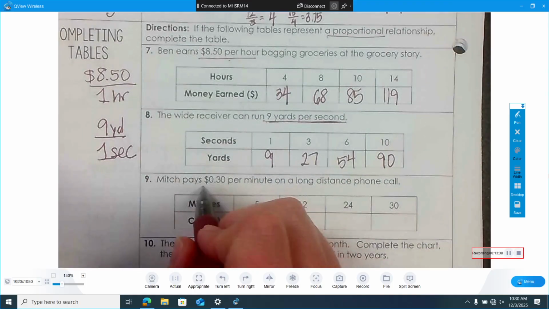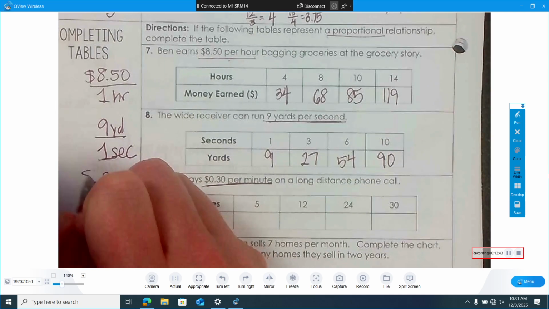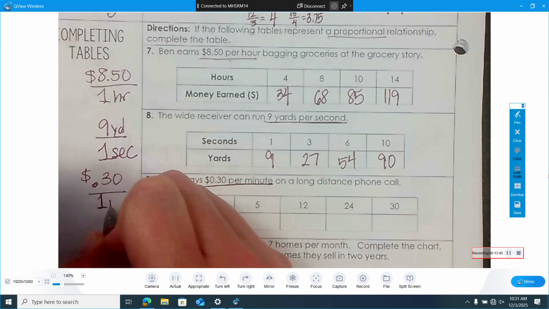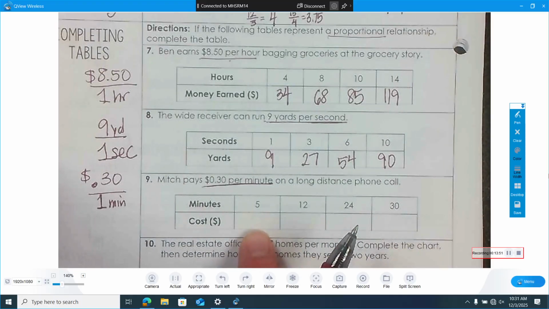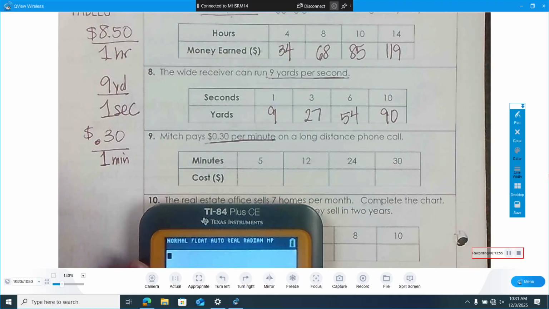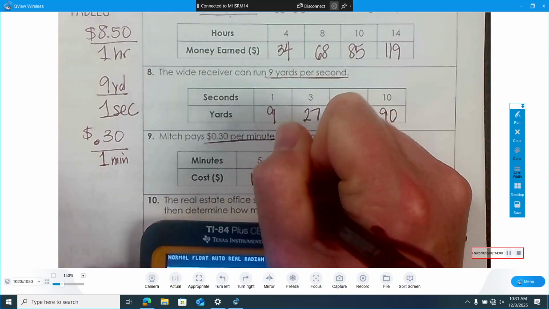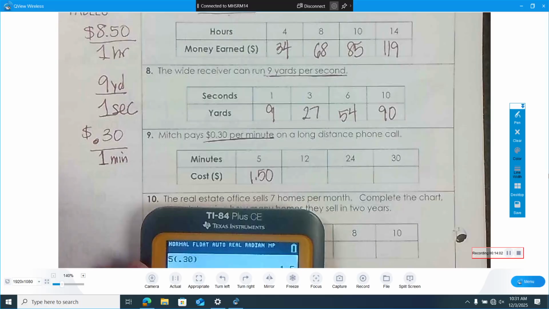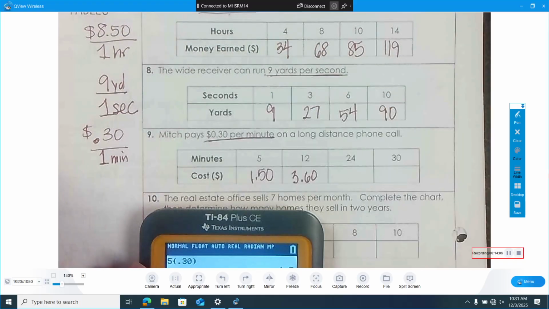Mitch pays 30 cents per minute, 30 cents every 1 minute for his long distance calls. So what do I have to do to figure out his cost after 5 minutes? Yeah, 5 times 0.3. Yeah, $1.50. 0.3 times 12. 3.60.